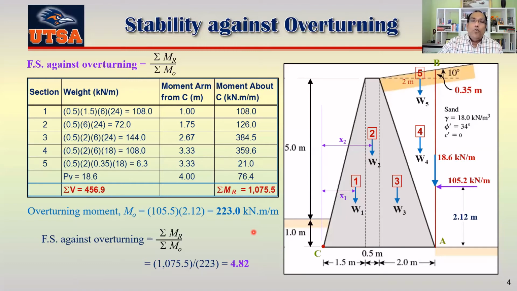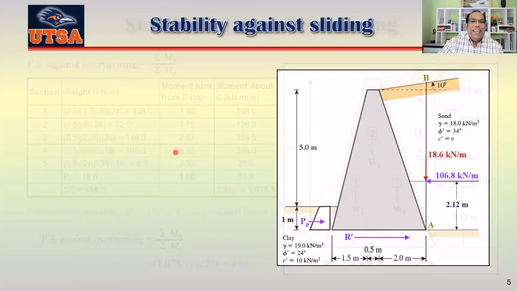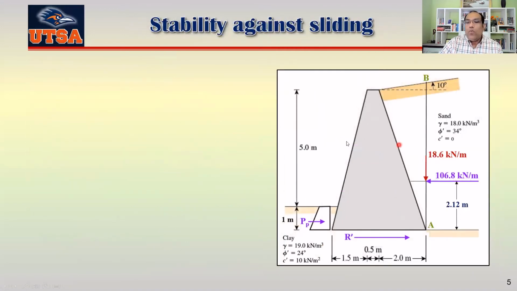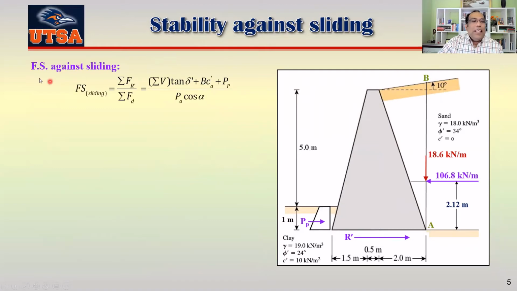Now let's move forward to the factor of safety against sliding. Basically, your factor of safety against sliding is the resisting force that tries to prevent the sliding, which is this plus this, and what is trying to push that way is this force here.